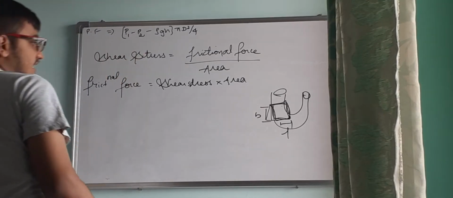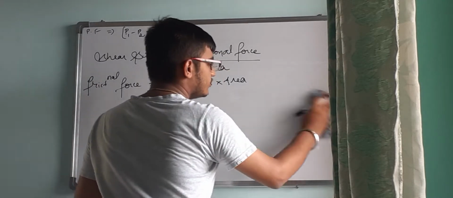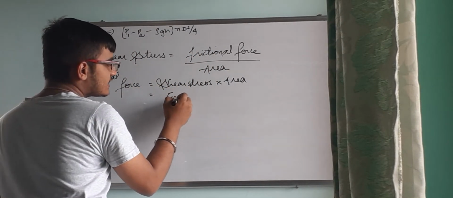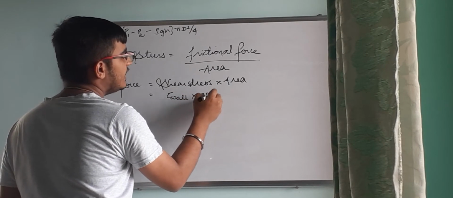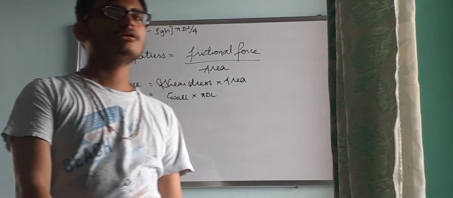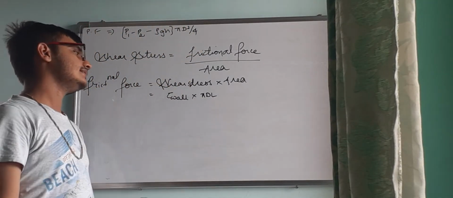So cross sectional area you will consider in this case. So therefore, you take the stress as tau wall into pi d L, diameter into the length of the cross sectional area you will consider.